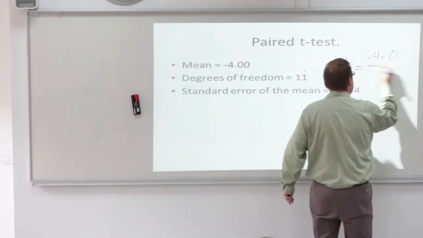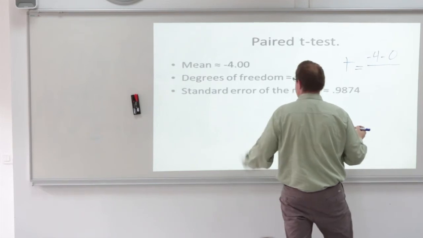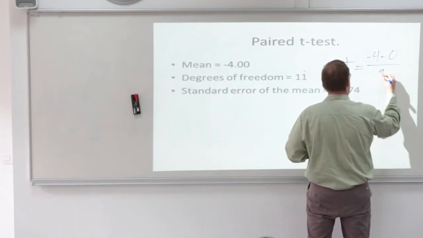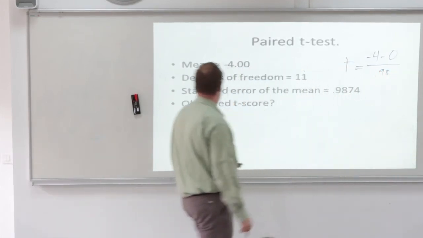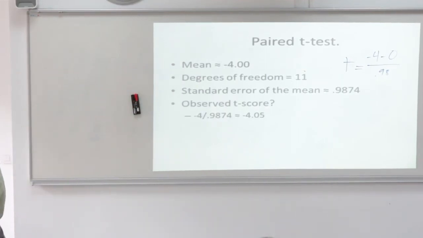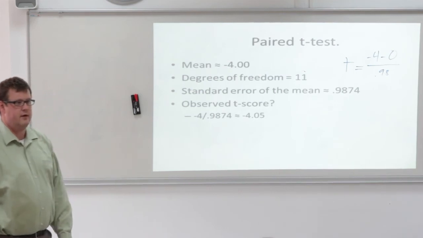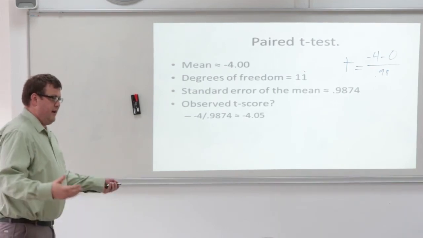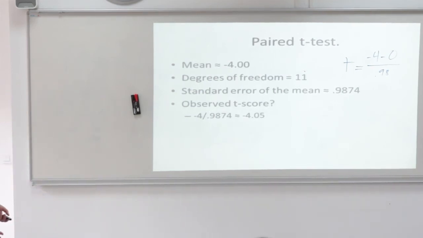Okay, good. Divided by the standard error of the mean, so 0.98 and change. So our observed t-score, yeah, that's exactly right. Boom. It's -4.05.